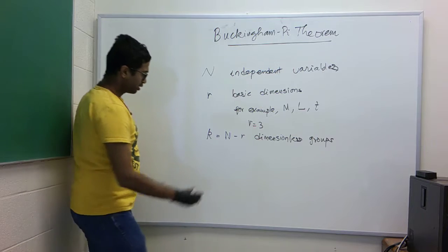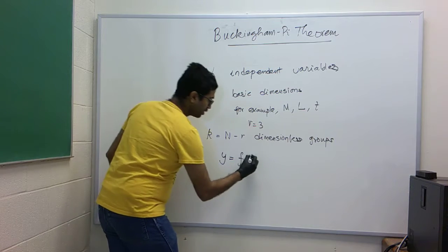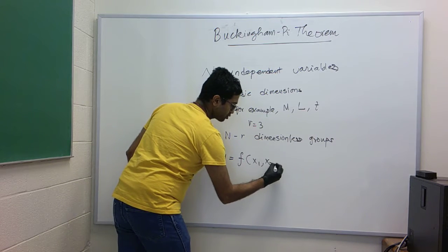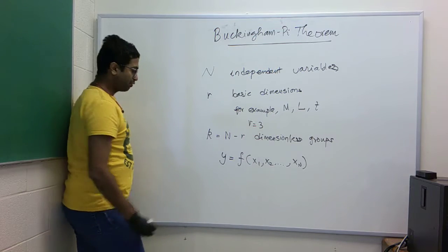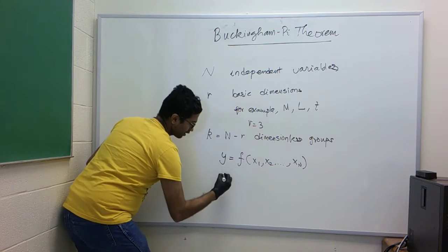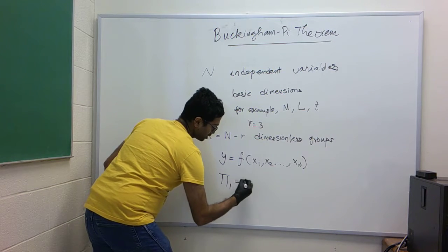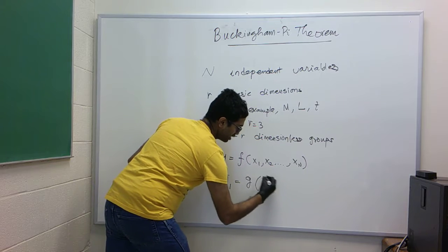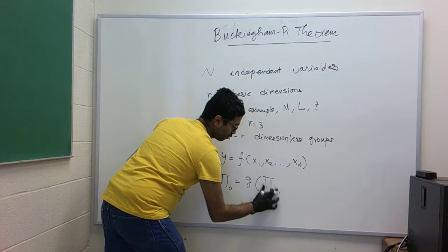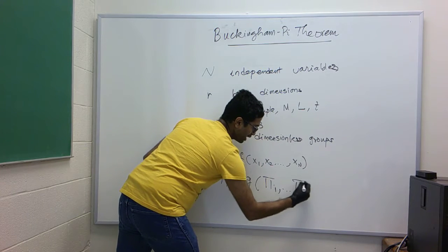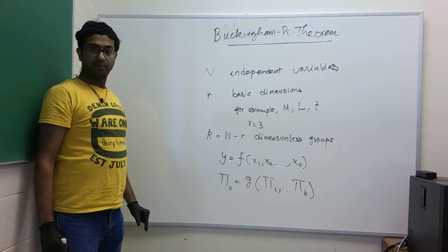What I mean is, if you had y as a dependent variable that depends on x1, x2, ... xn, then you would have pi naught as a function of pi 1 through pi k, or k dimensionless groups, to represent the dependent variable.